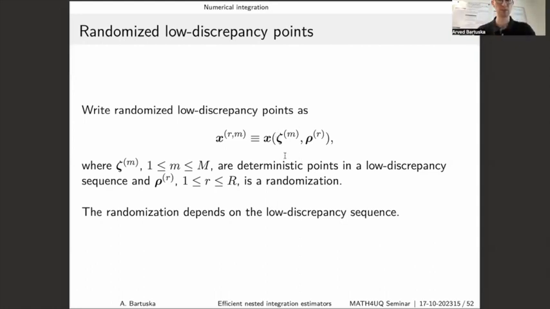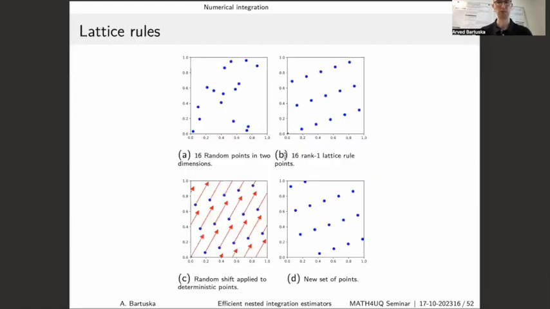I will not go into detail here, since it's not the main focus of our work, but just to give some visualization. These are random points, and we can see that there are clusterings here, and then there are areas where there are no points, meaning that we sometimes have large areas where we have no clue what our function does. And this basically causes this rather slow error convergence of rate 1/2.